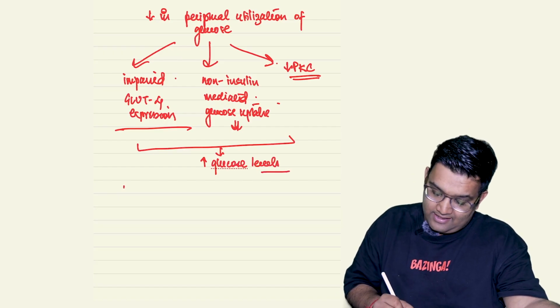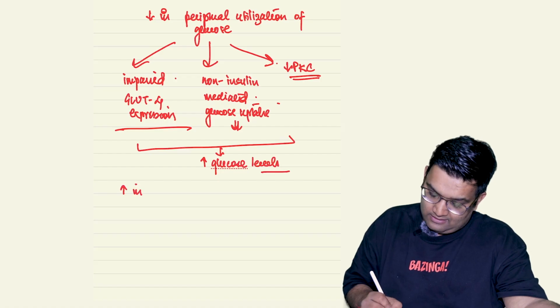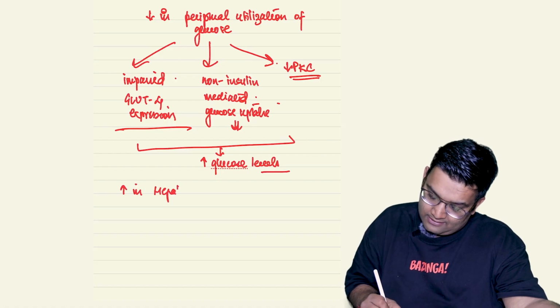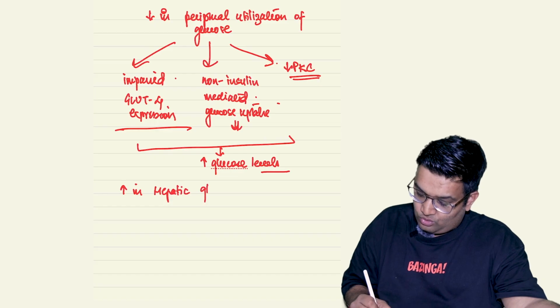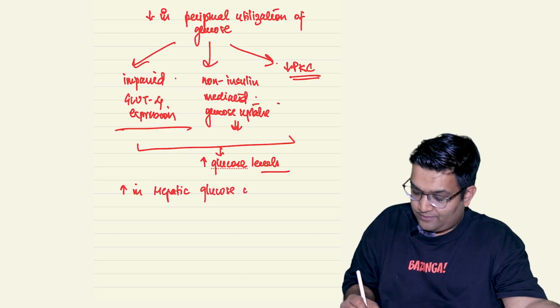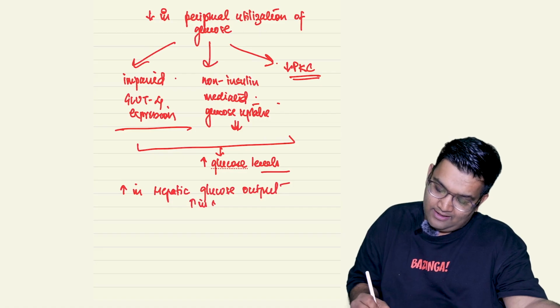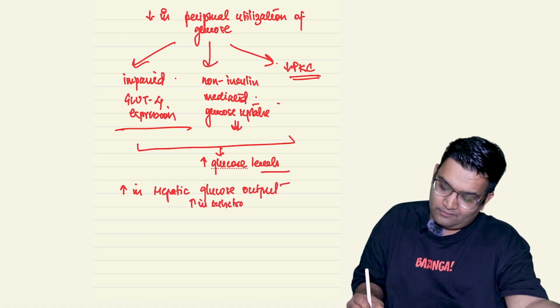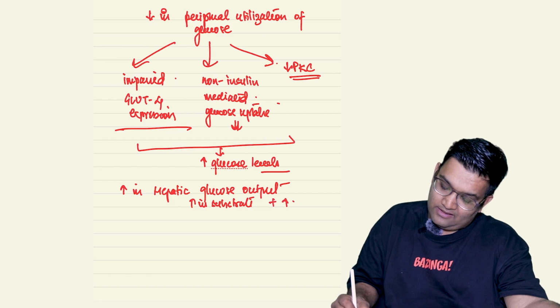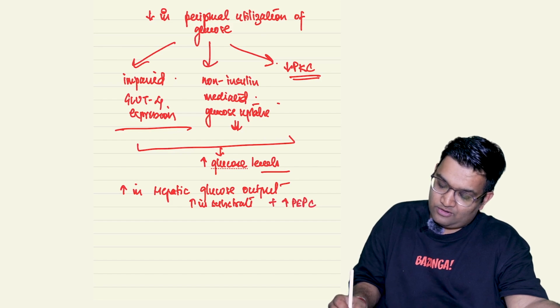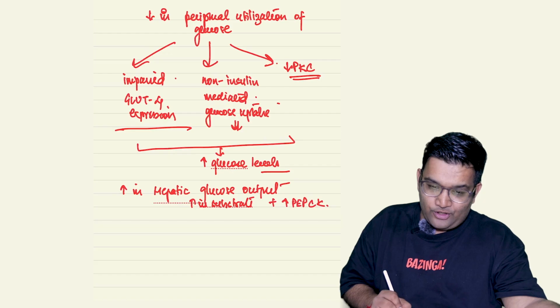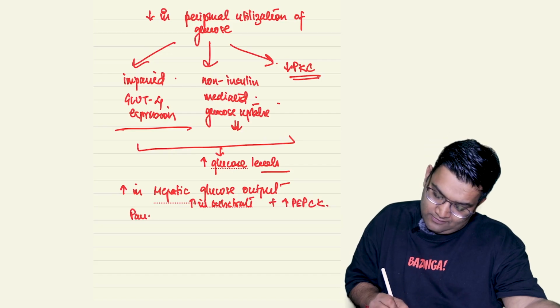So what are the mechanisms that we discussed? One is an increase in hepatic glucose output, by an increase in the substrate plus an increase in PEP carboxykinase. The other thing is pancreatic dysfunction.